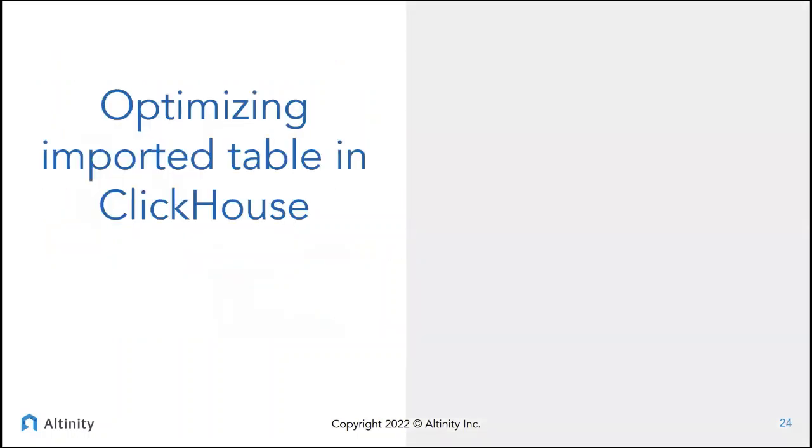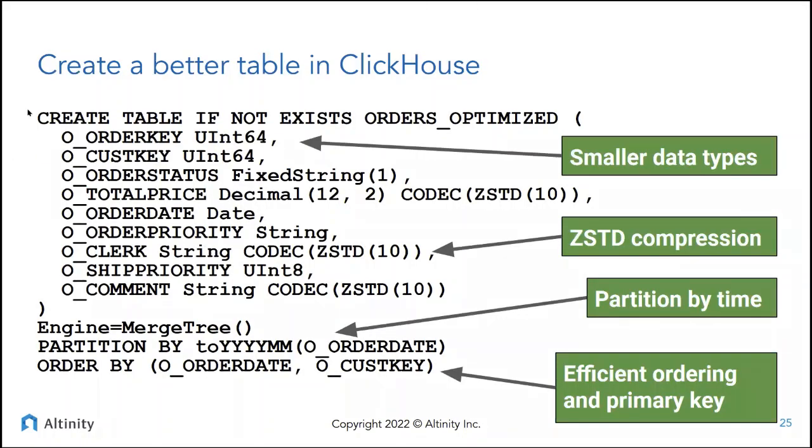So that was Parquet. This gets us to the final step, which is to optimize the imported table. So one of the things that we want to do in ClickHouse, and again, if you're coming from Snowflake, it's important to realize that Snowflake makes a lot of choices for you. That's actually one of the powers of the product.